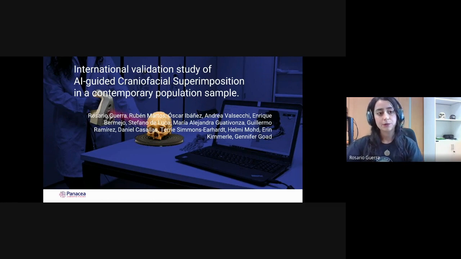And we also decided to look for a contemporary population sample so that we would be able to have better quality photographs at least.